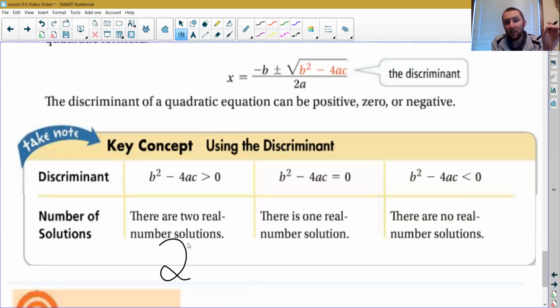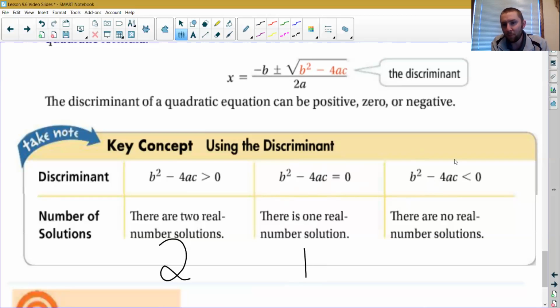So if b squared minus 4ac is bigger than 0, there are two solutions. If that discriminant formula is exactly 0, then there is one real number solution, okay?